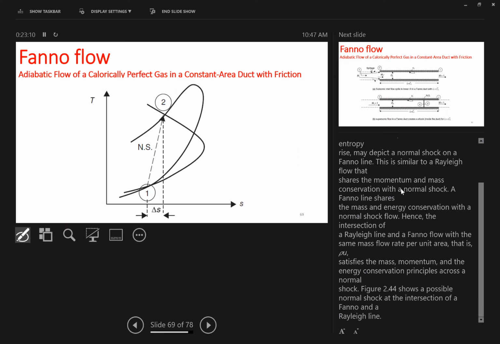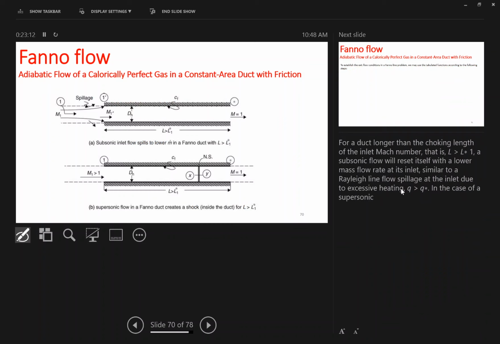Okay, so let's move on. Again, we talked about this, I think. We definitely talked about this when we were talking about Rayleigh flow. But essentially the same phenomenon happens for the Fano flow. When you have a subsonic flow coming in at the inlet, and the length of the duct is larger than the sonic length.